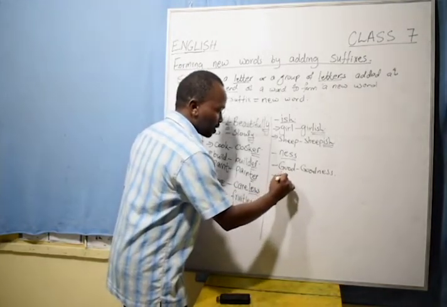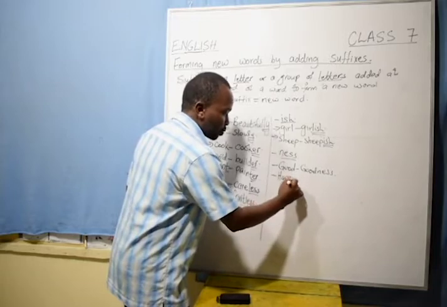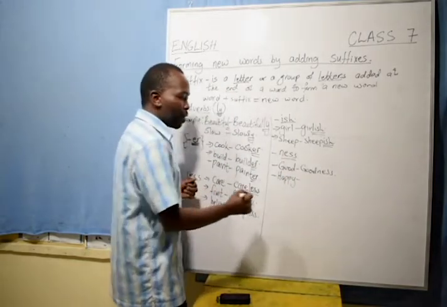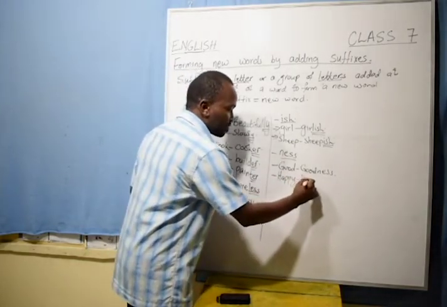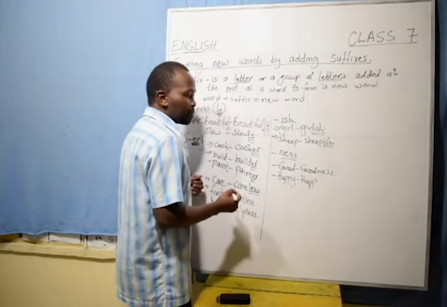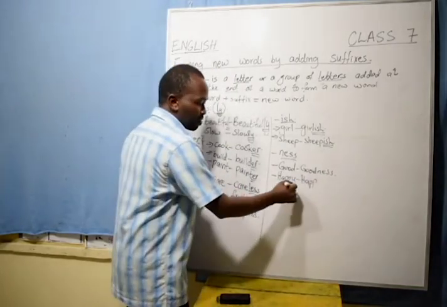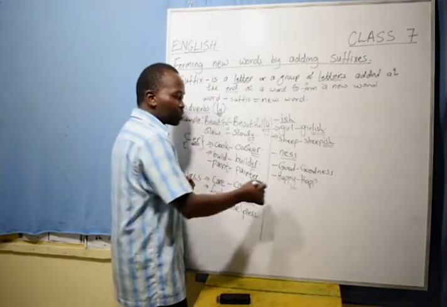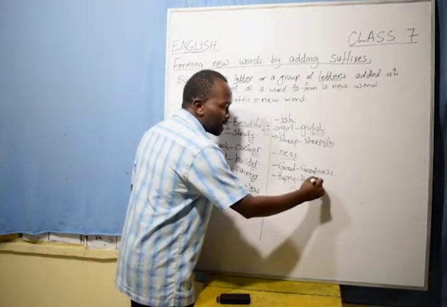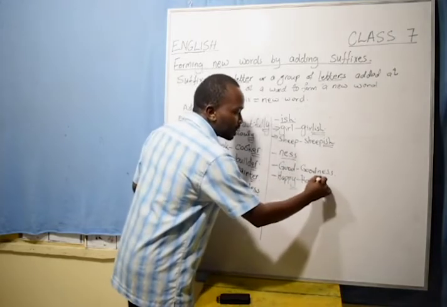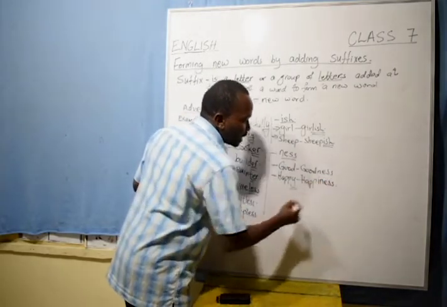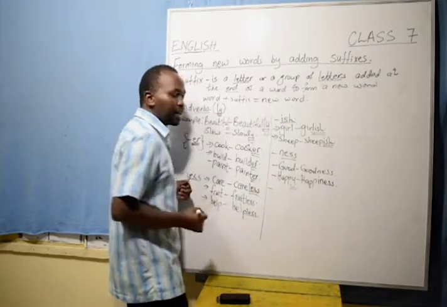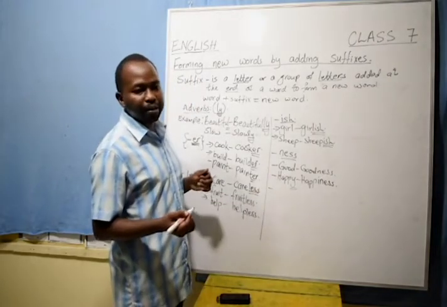The word happy, we can form a new word, that is the word happiness. As you form the word happiness, remember the rules of English. Whenever we want to add some letters to a word that ends with a Y, you have to drop the Y, replace it with an I, and then you add whatever letters that you want to add.